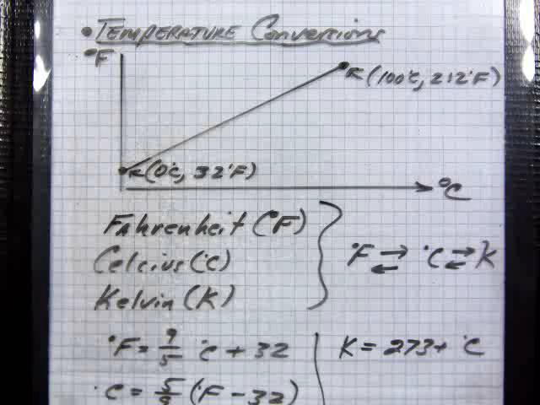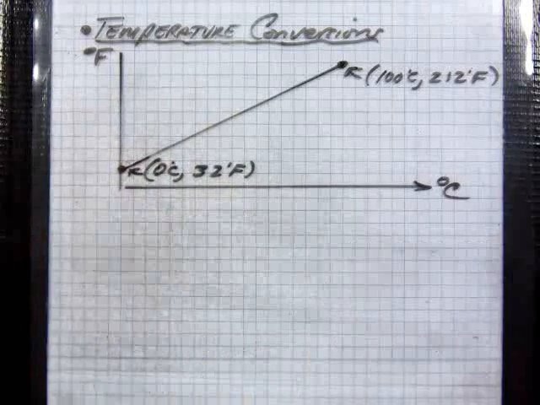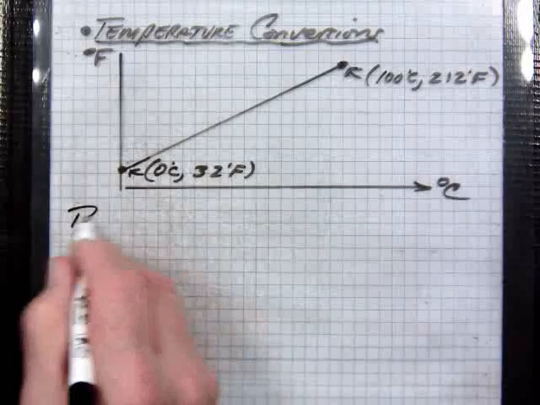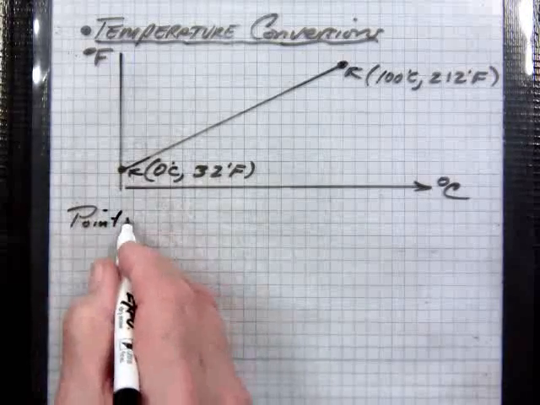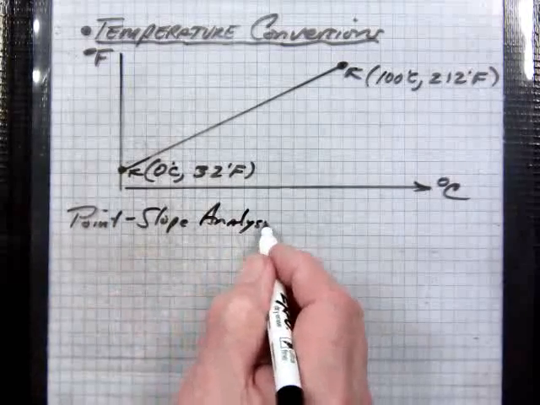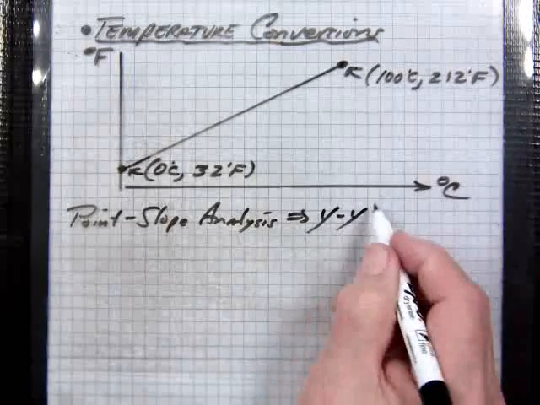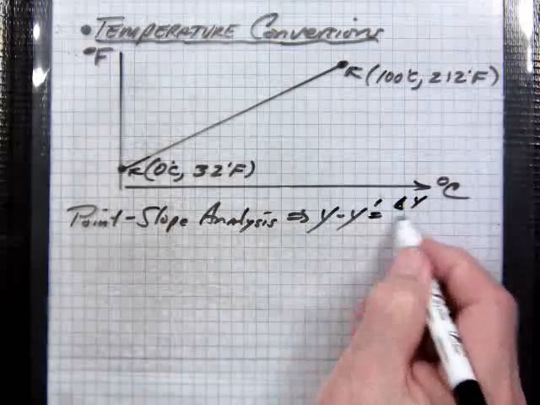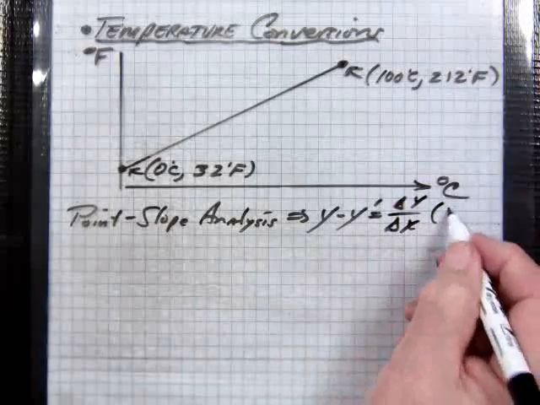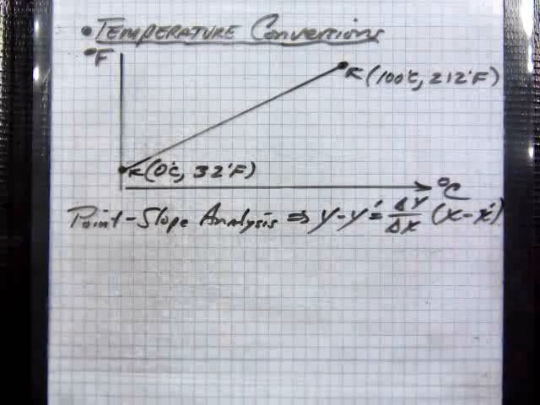And so the Fahrenheit Celsius conversions I want to derive using the point slope method here. The point slope method uses y minus y prime equals change in y over change in x, times x minus x prime, which is the empirical relationship.